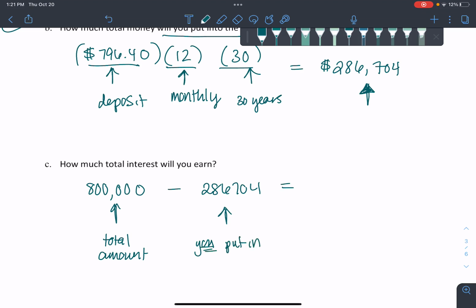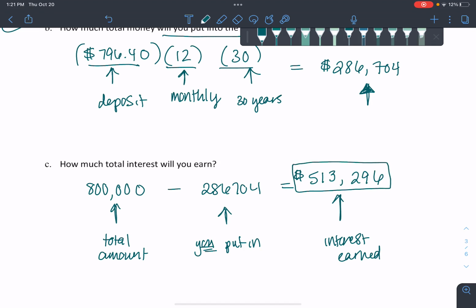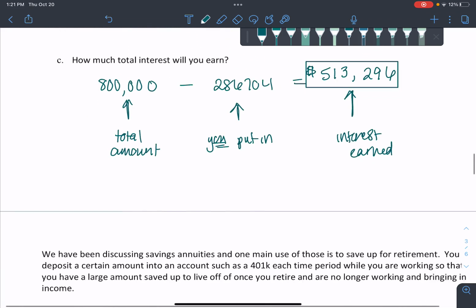And what's going to be left from that is the interest earned. And so that number is 513,296. Good for Jose. Got a lot of interest there. That was really good. Okay.